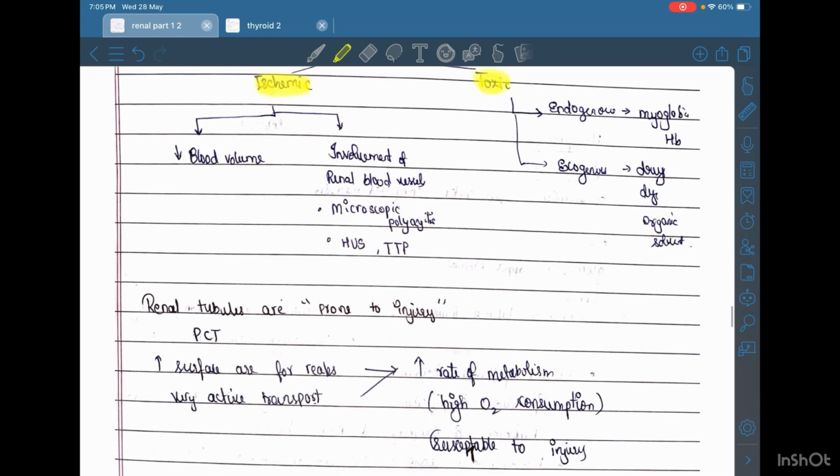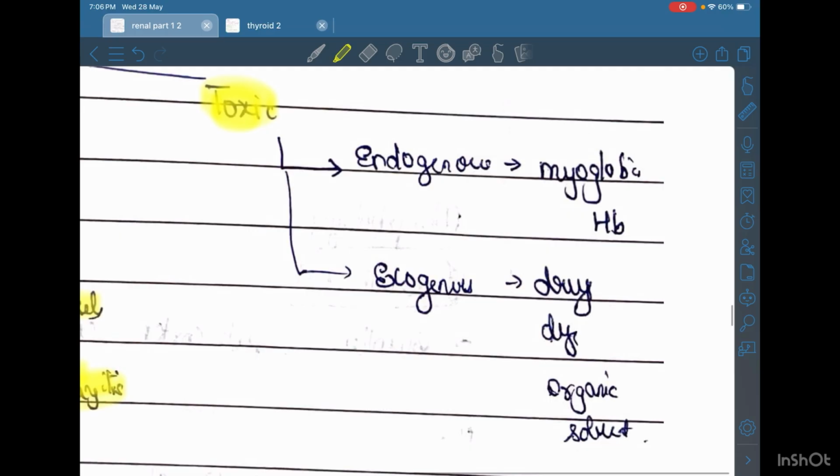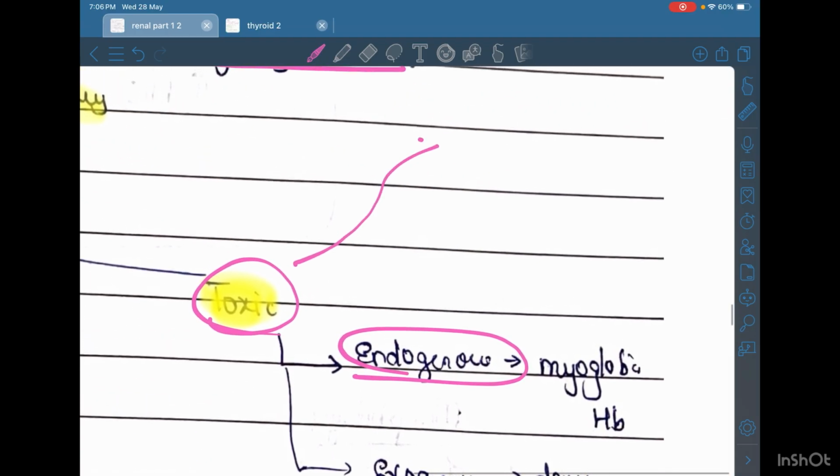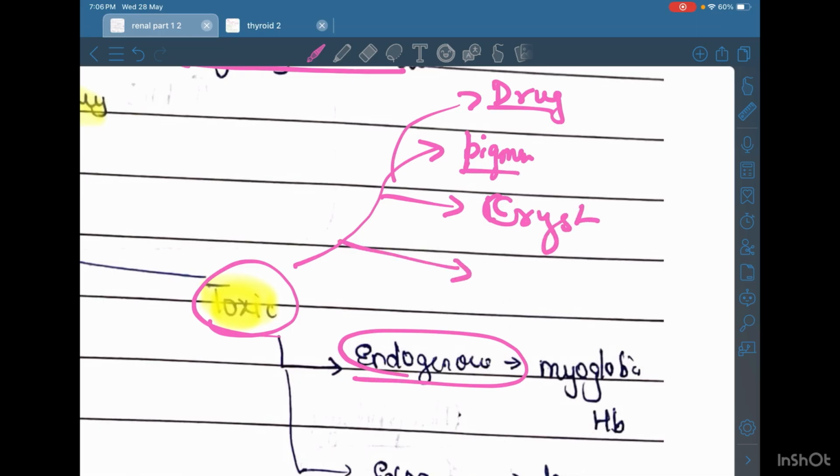Ischemic includes all the pre-renal causes, right? So decreased blood volume or microvascular involvement of renal blood vessels like microscopic polyangiitis, HUS, TTP. Then toxic. Endogenous toxins, we already listed the causes, right? It can be pigments, mainly drugs, crystals, hemoglobin. We already know this.